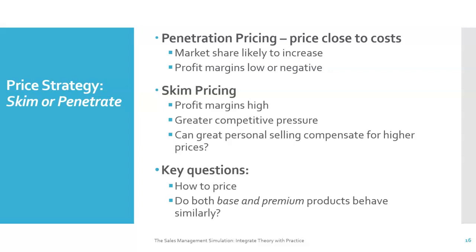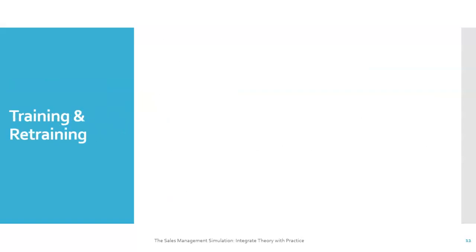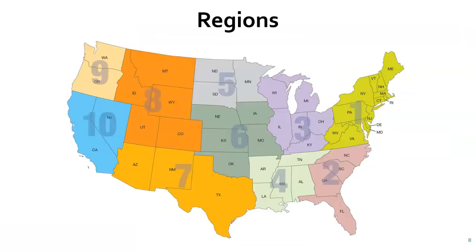So it will give you, well, we saw a little bit ago, the cost. Okay, so in your product offerings, your cost is, the base is $3,000, the premium is $4,000. So then the question is, how are you going to price your products for each one?